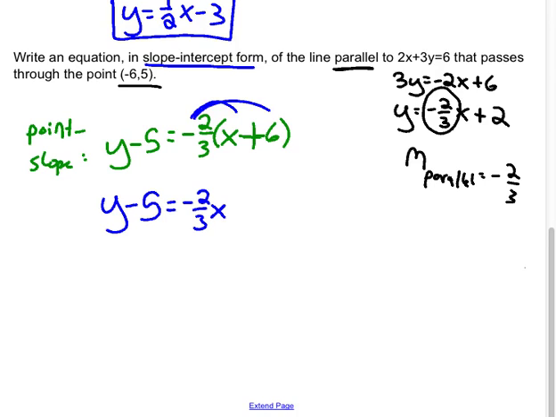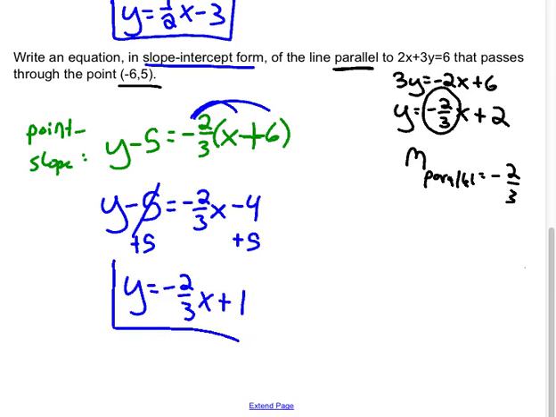Again, I'd recommend use your calculator for that, okay? Let the calculator help you. And check that you get a negative 4 for that, okay? Again, it's okay to use your calculator for little computations like that to make sure that you're doing them right. And finally, to get y by itself, let's add the 5. And there is your equation.